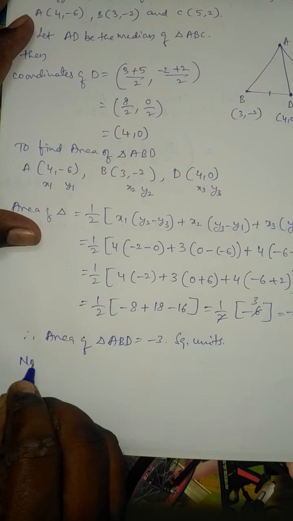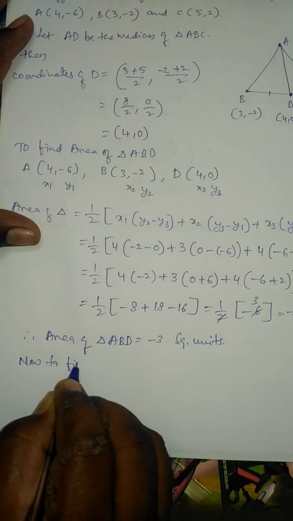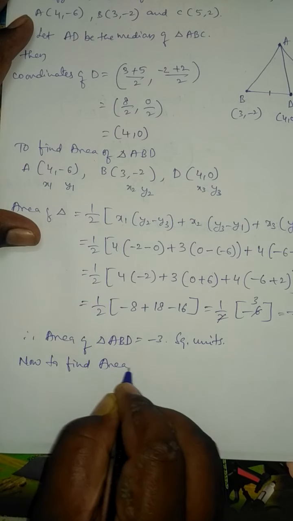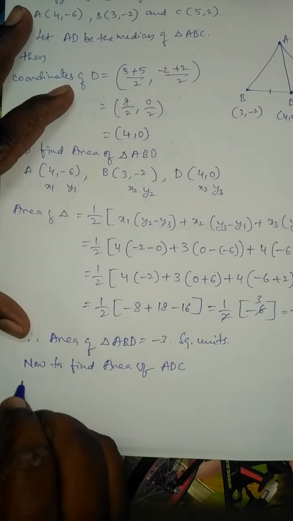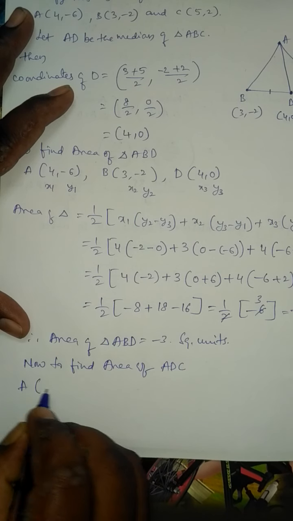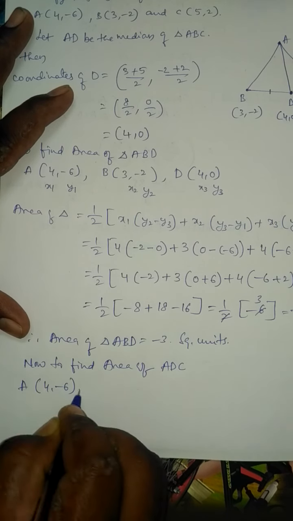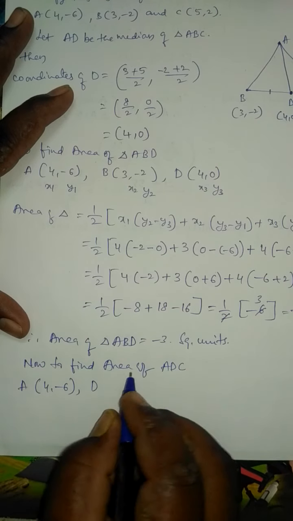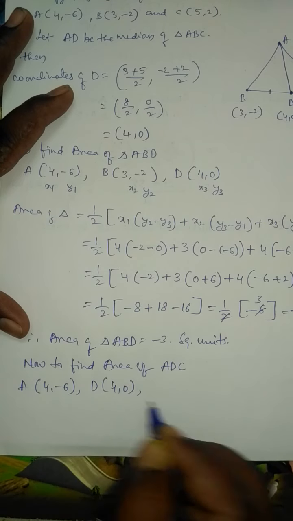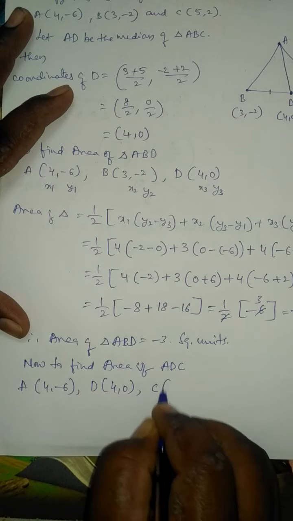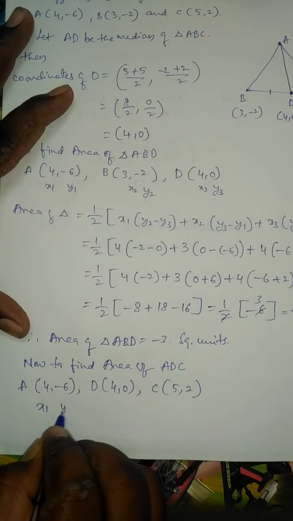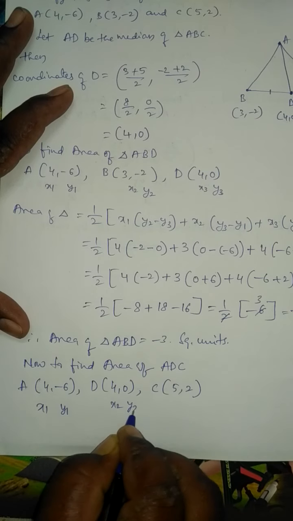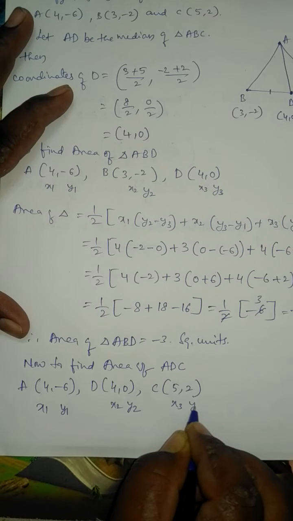Now to find the area of ADC, here coordinates of point A are 4 comma minus 6, coordinates of point D are 4 comma 0, and coordinates of point C are 5 comma 2. Here this one you have to consider as x1 y1, this is x2 y2 and this is x3 y3.